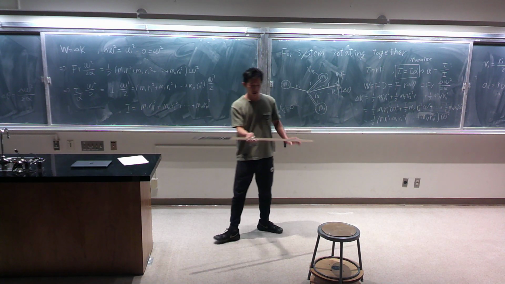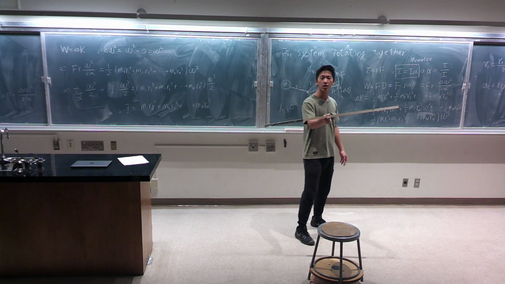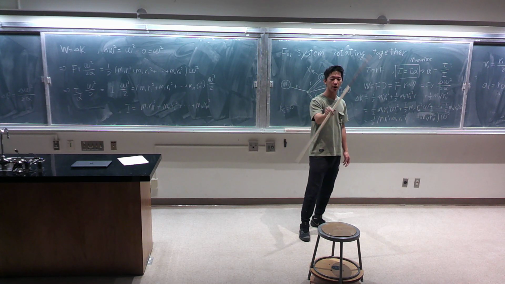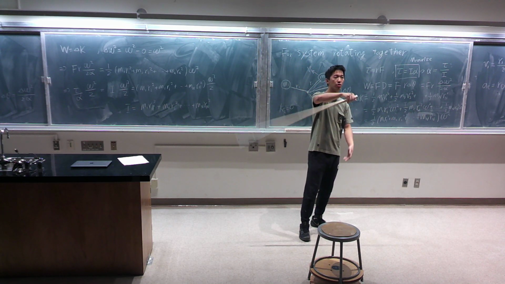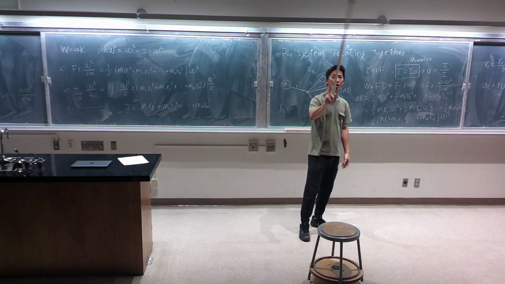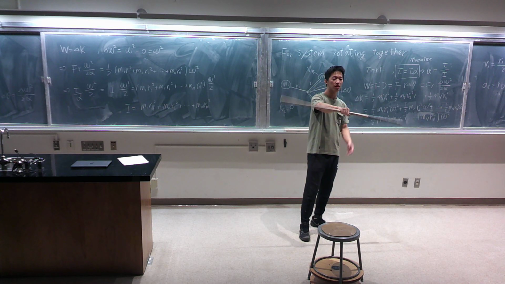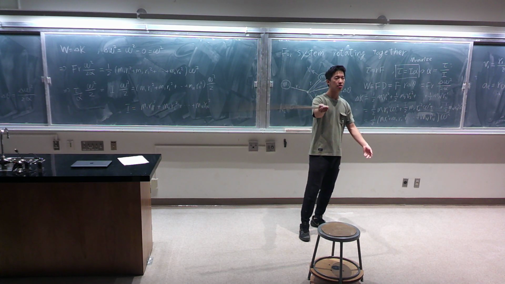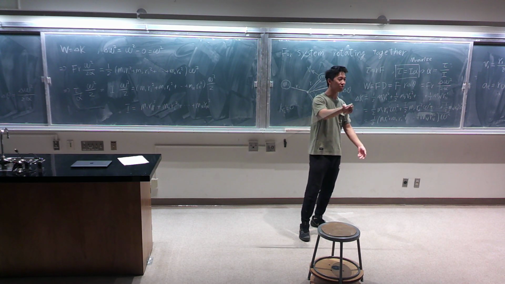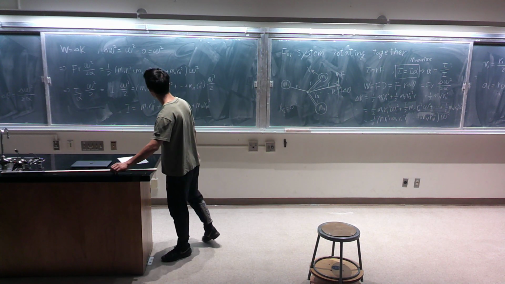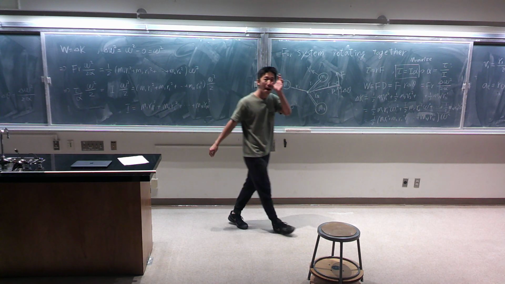Like for this rod, the moment of inertia rotating around the center of mass is smaller than rotating at this point. And you can derive a relation between the moment of inertia here and here. But you don't need to do that in this course. Okay? I think that's too much for you guys. Anything else?